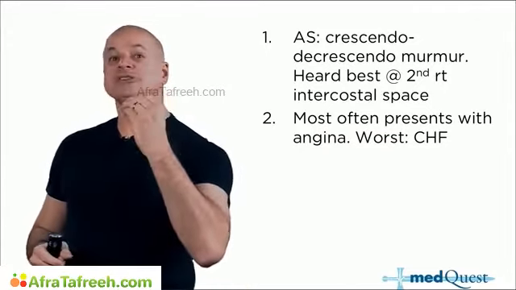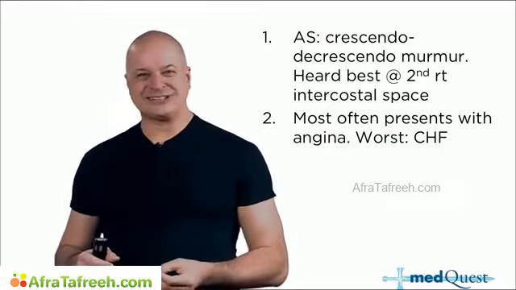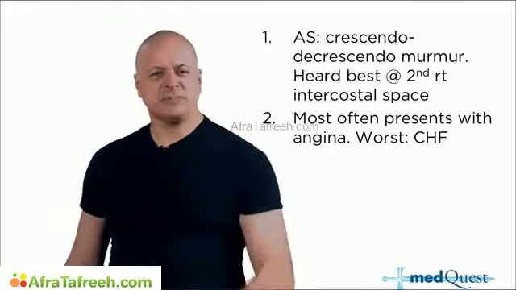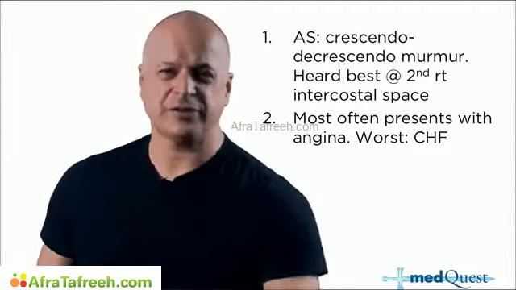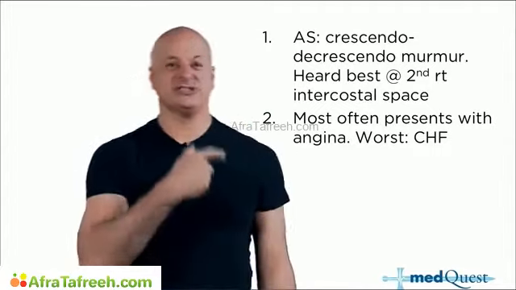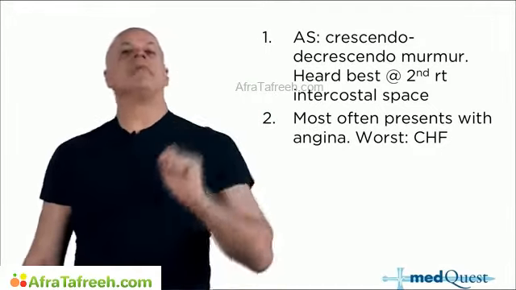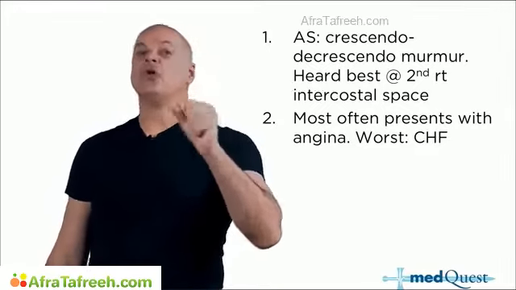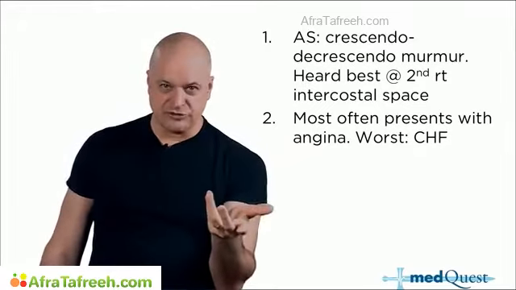Now why is angina the most common presentation? Because 2/3 of people with aortic stenosis have coronary disease, so they have a greater problem already. Their coronaries are diseased, and therefore they can't deliver blood. Number 2, does the person with aortic stenosis have an atrophic or hypertrophic ventricle?